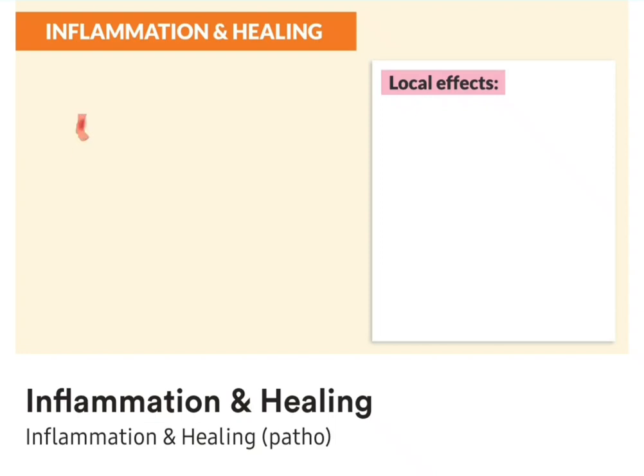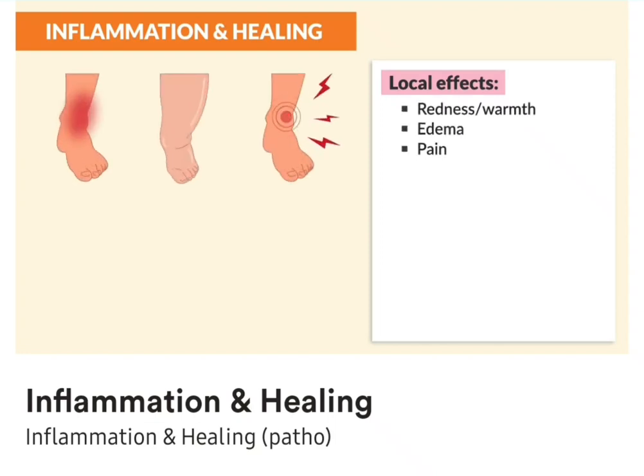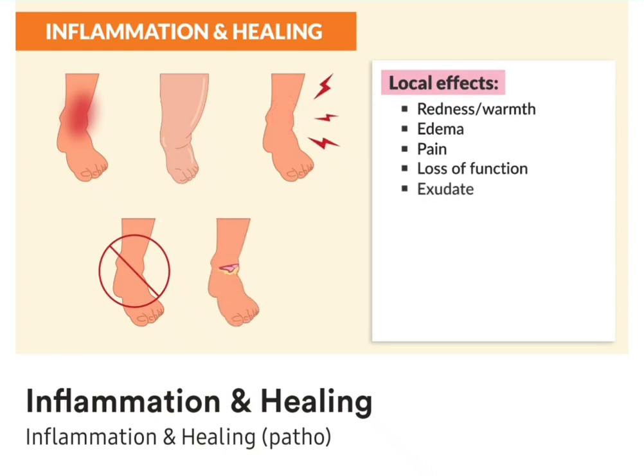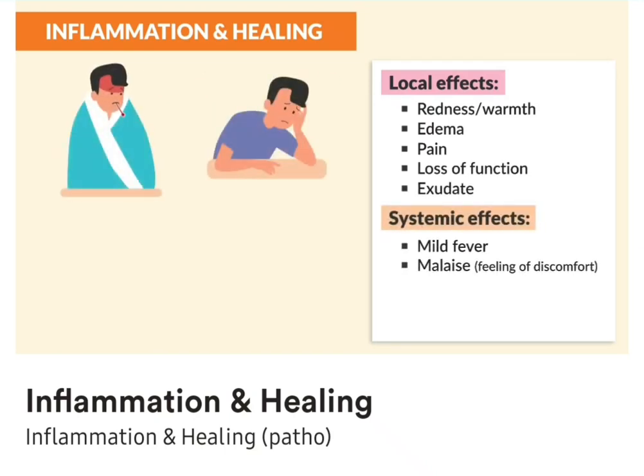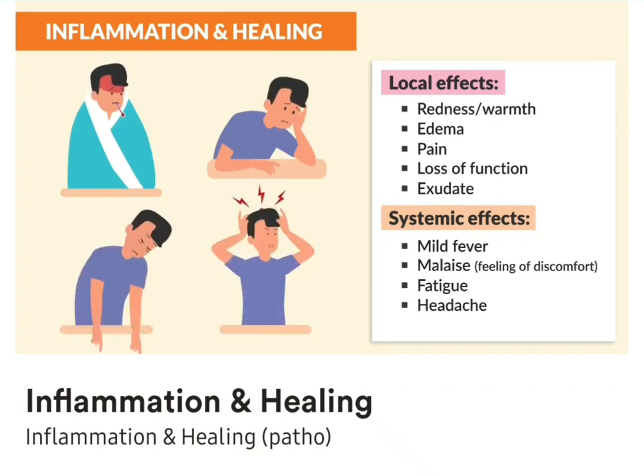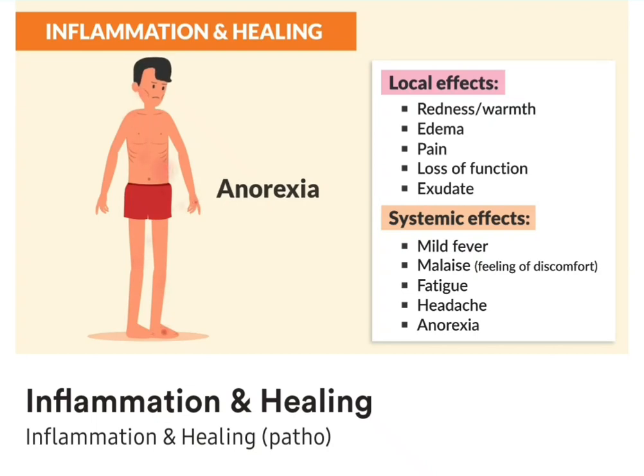So local effects include redness and warmth, edema, as well as pain, loss of function, and exudate. And systemic effects, we have mild fever, malaise, or a feeling of discomfort, as well as fatigue, headache, and even anorexia, that loss of appetite where clients don't want to eat due to the massive inflammation.